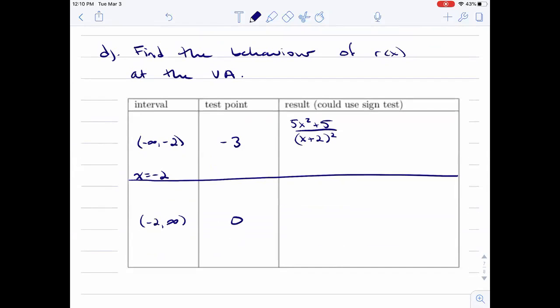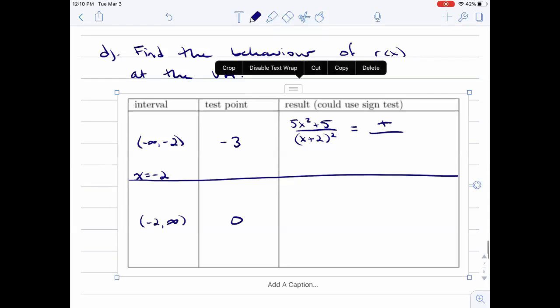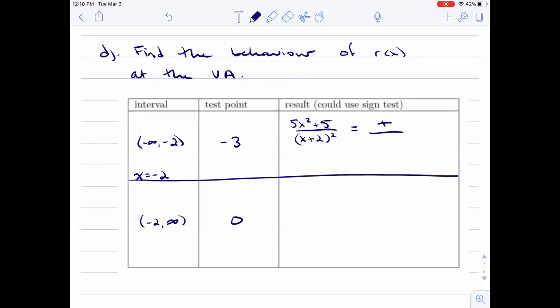At -3, we've got a positive value in the numerator, because -3 squared makes a positive, times a positive, plus a positive makes a positive, over -3 plus 2, but then we square it, which makes a positive, which means I'm going to +infinity.